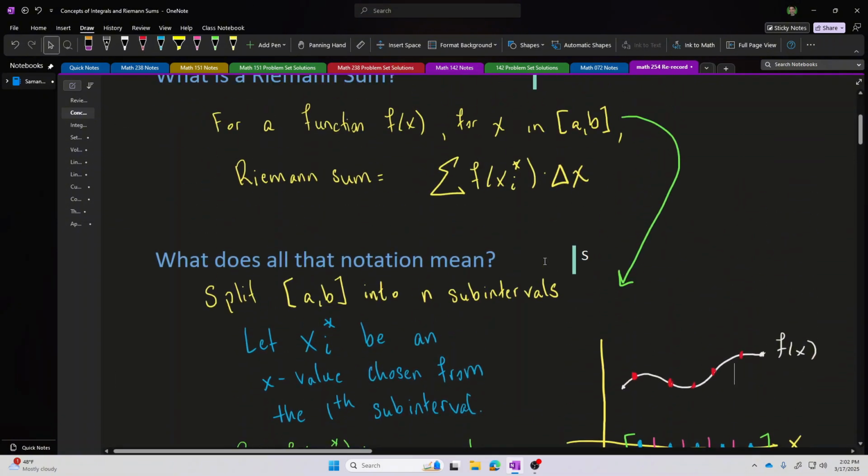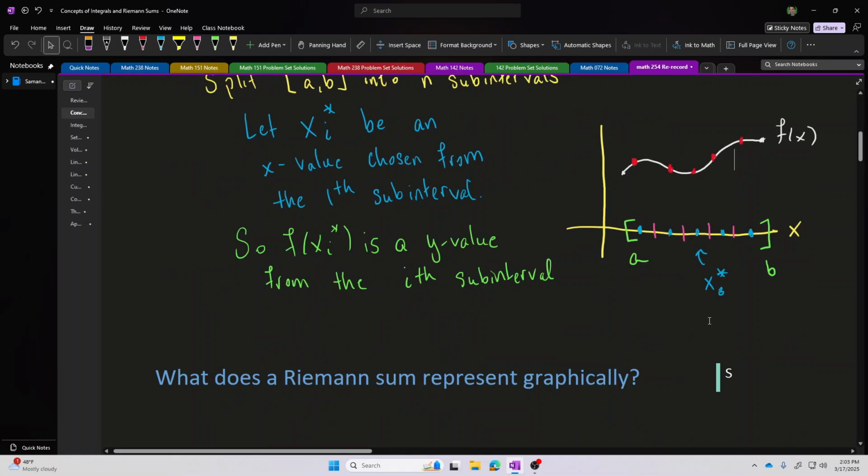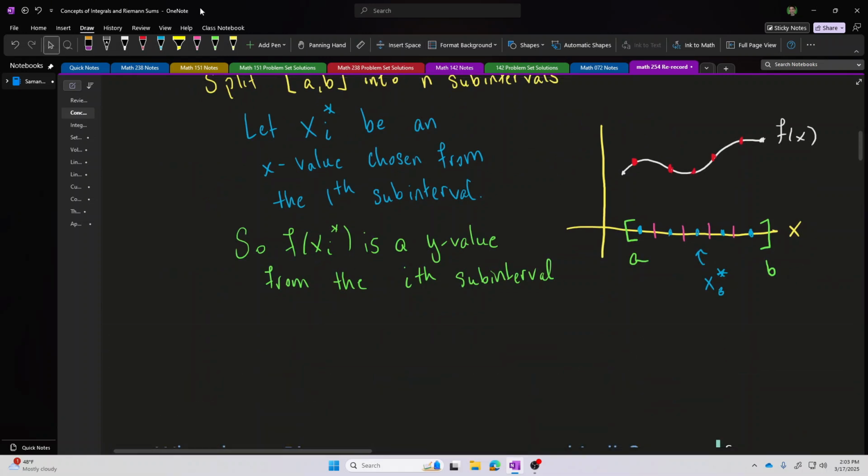Now, finally, if we look at what we called delta x, that notation delta x is standing for the width of each subinterval. Delta representing the change in x, delta x being the distance, the change between the x values at the left and the right side of the partition.